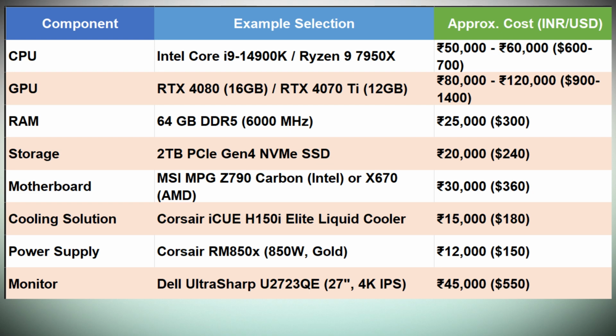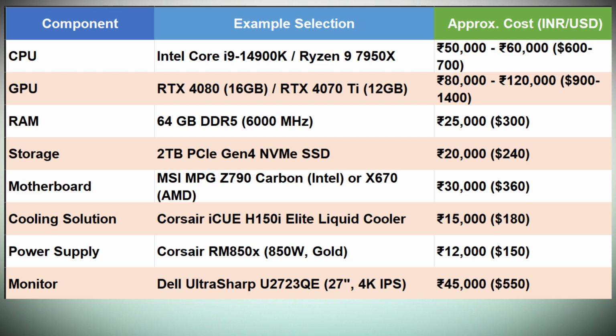And a motherboard of MSI MPG Z790 Carbon with Intel RX 670 chipset will minimum cost you around 30,000. It is better if you can go for Asus Tough Gaming motherboards or Gigabyte motherboards like X890, etc., which will cost you around the same rate.